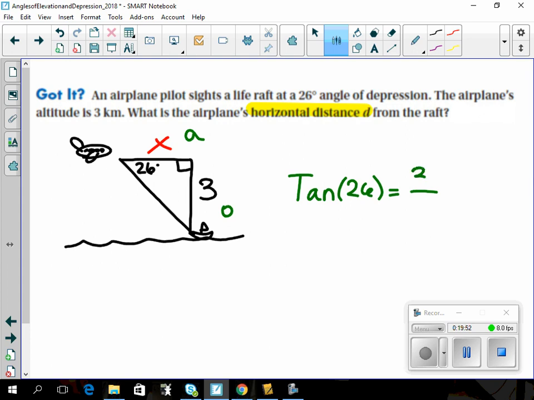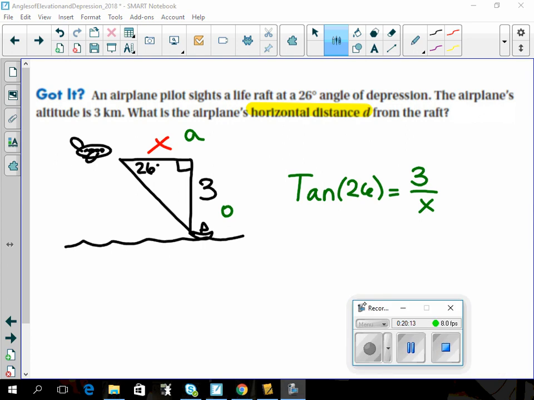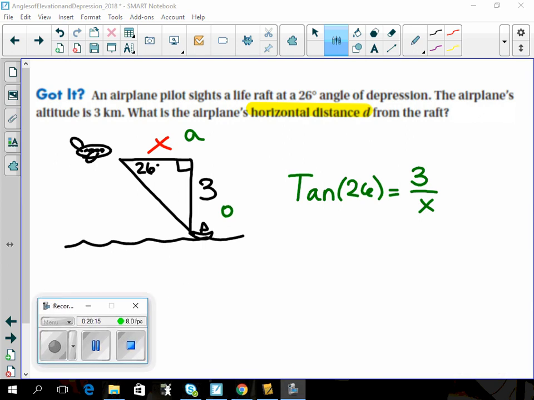x. Now this is where some people had some problems on their quiz. When the x is in the denominator, we have a little bit different algebra. We're still multiplying by the denominator, but the denominator this time is x. You are going to eventually divide by tan. That is correct. So you're going to multiply by x.